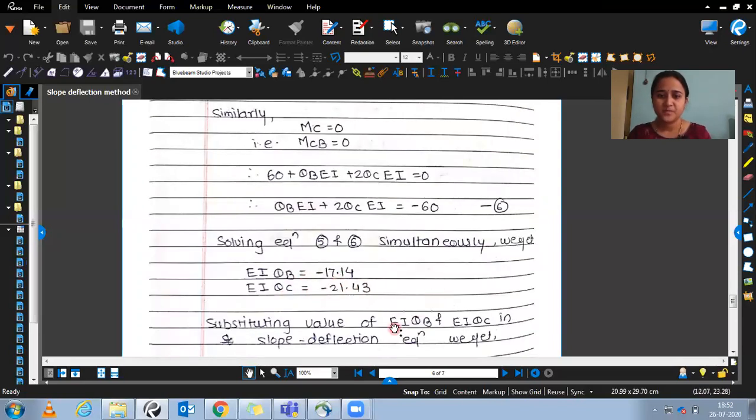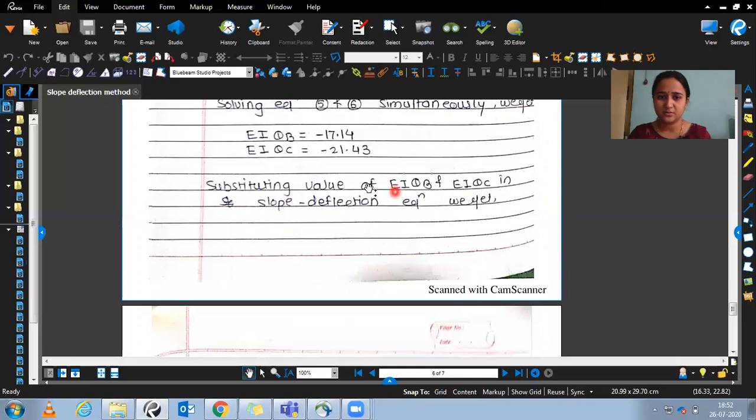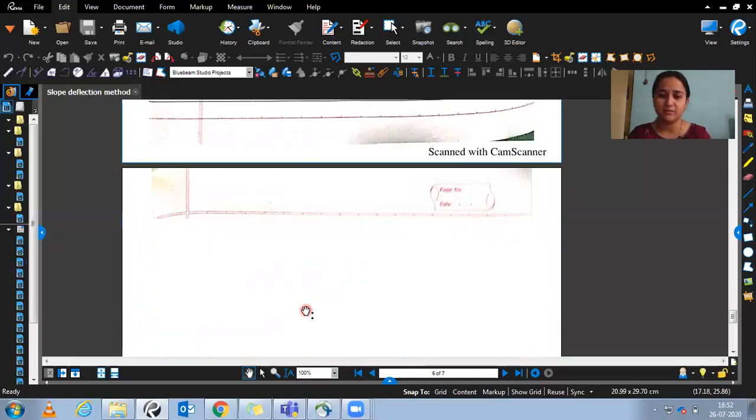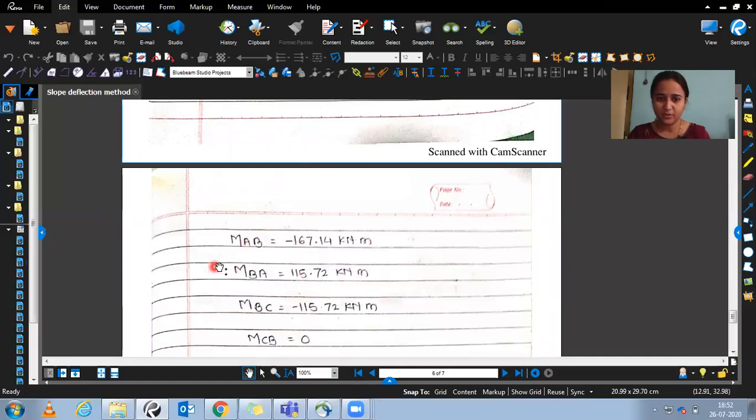Okay, so substituting the values, we have got these values in terms of the unknowns theta B and theta C. Okay, so we'll substitute these values in the slope deflection equations, and we'll get these particular values for the final moments.